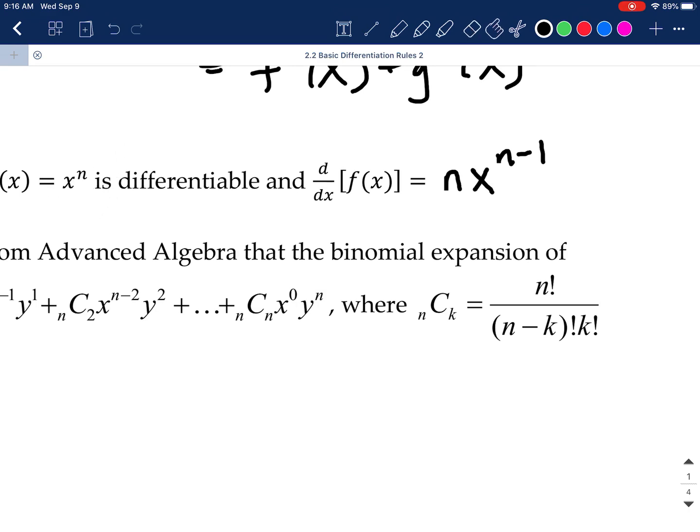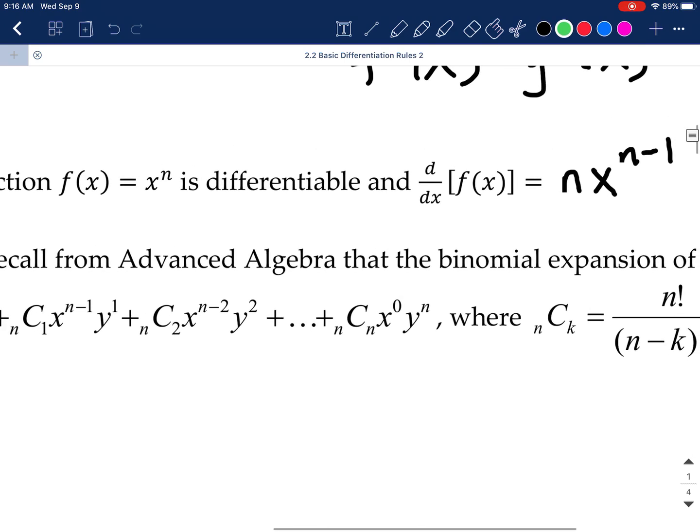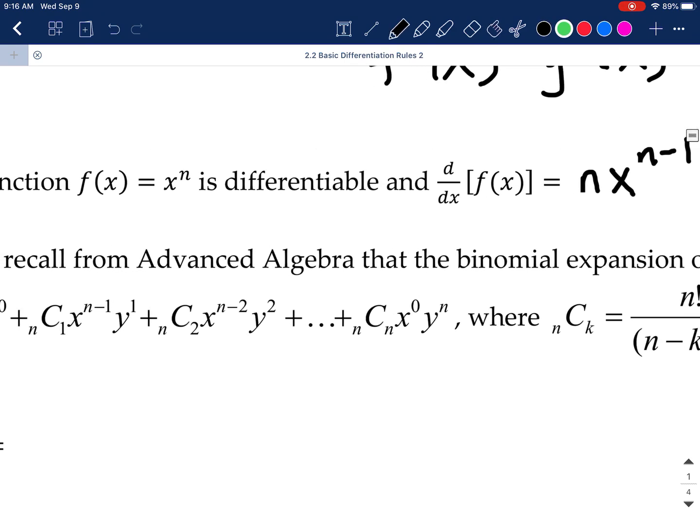Right? So our power rule: whatever your function looks like, its power becomes the leading coefficient. It comes down in the front, and then we just subtract 1 from the power. So n times x to the n minus 1.